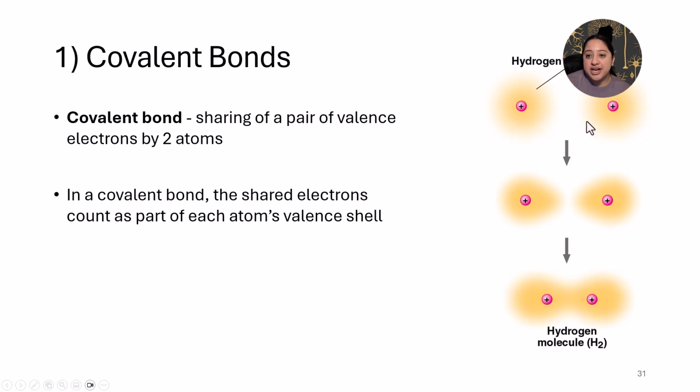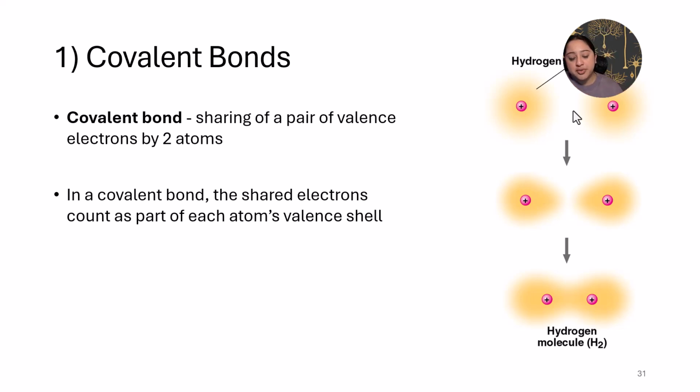Hydrogen atoms just have 1 electron. And remember, that first shell can hold 2 electrons, so they want to fill up their valence shell. They want another electron. So they're like, hey, why don't we just share a pair of electrons, the ones that we have, and that completes the 2 for each of us.